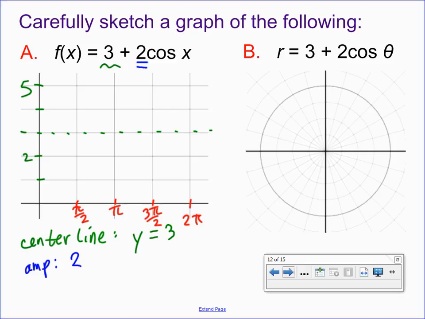From our center line 3, it looks like cosine starts at a max in relation to my center line. It's a positive 2 cosine, and so it looks like I'll go up to my maximum. Center line, min, center line, max, center line, min, center line forever in quarter period increments. You guys got it? Pretty picture?